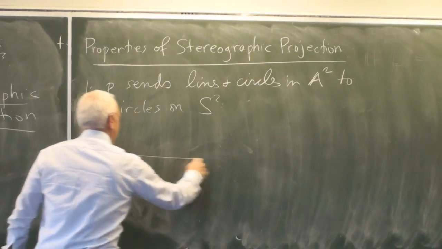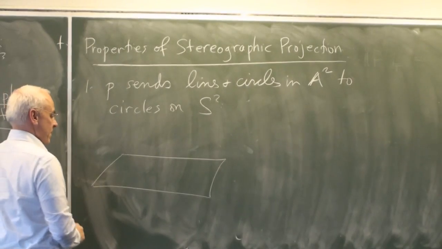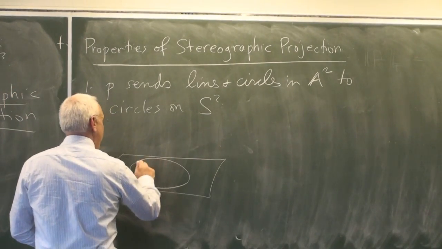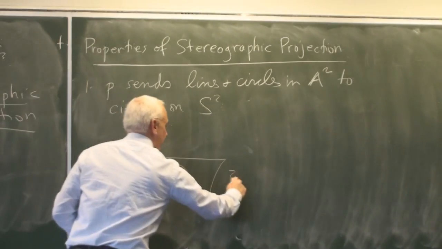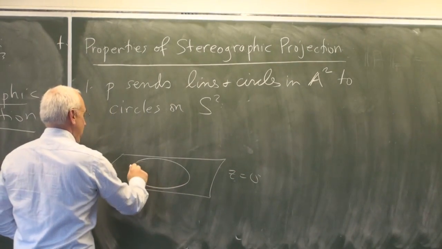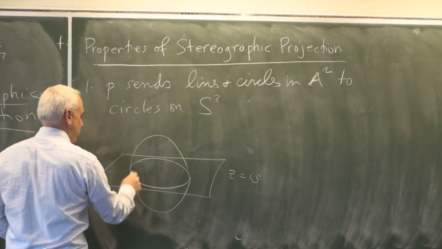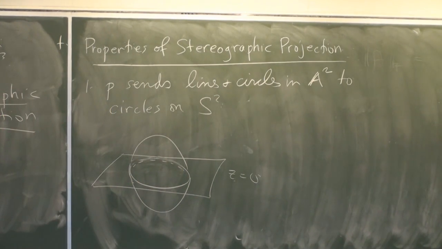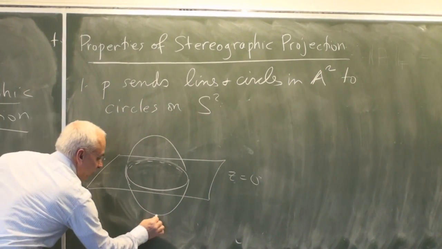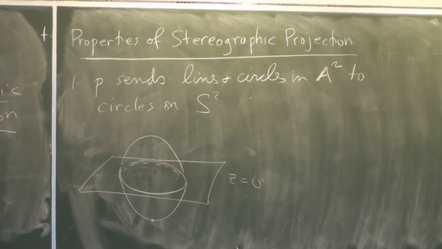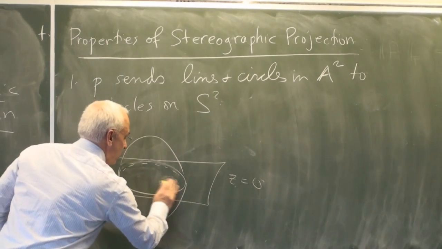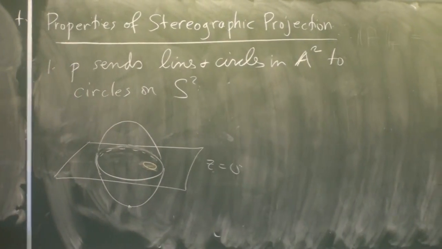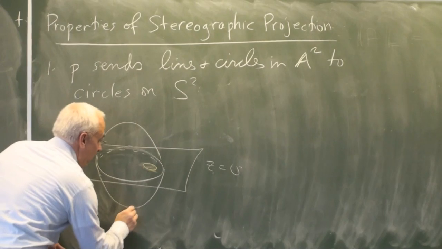So, in other words, there's our equatorial plane. It's the xy plane, the z equals 0 plane. There's our equator, and then there's our sphere. Egg shape there, but we're projecting from this point here. And what we're saying is that if you take any circle lying in the plane, and you project it up, you're going to get a cone.